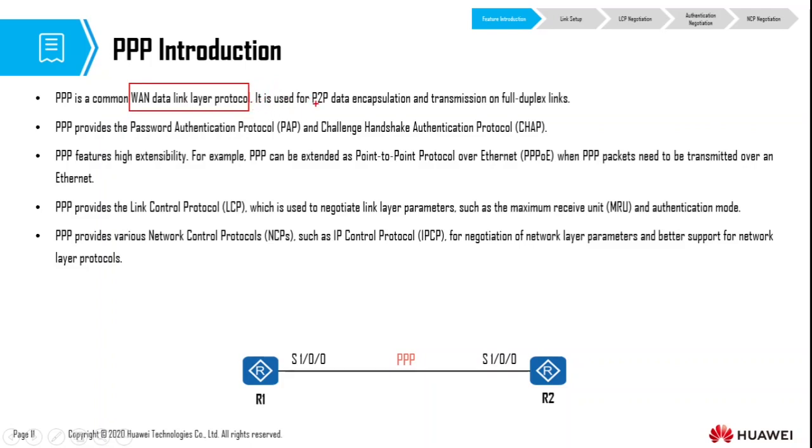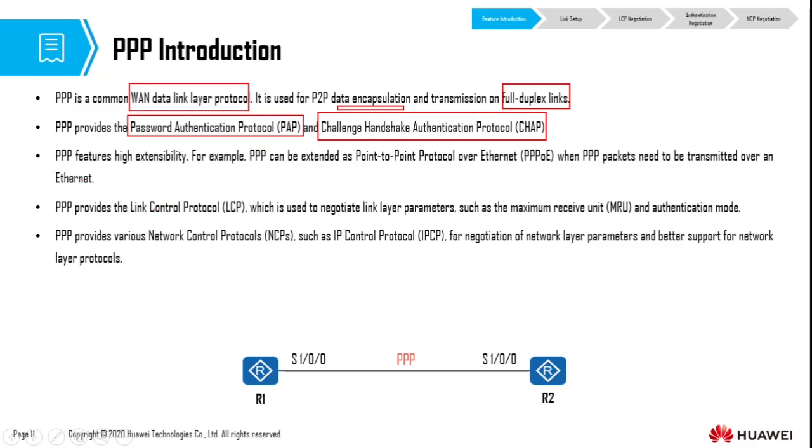It is used for point-to-point data encapsulation and transmission on full duplex links. PPP provides two types of authentication. The first one is called PAP, or Password Authentication Protocol, and the other one is called CHAP, or Challenge Handshake Authentication Protocol. We're going to look at how it works.